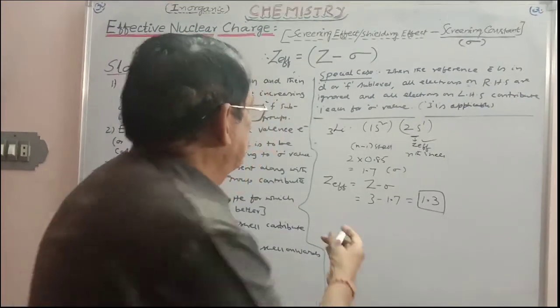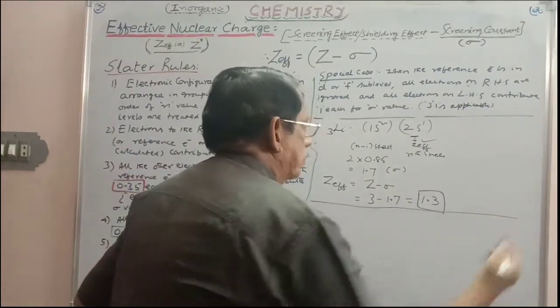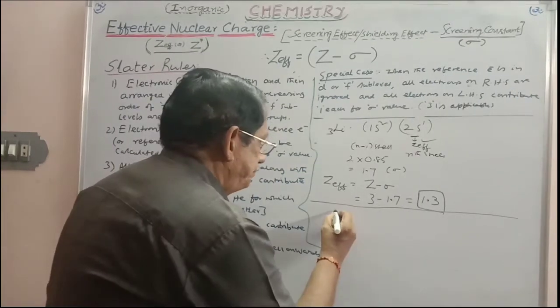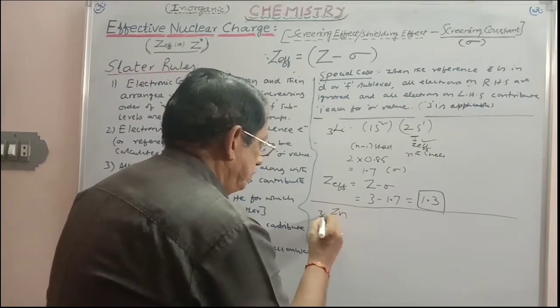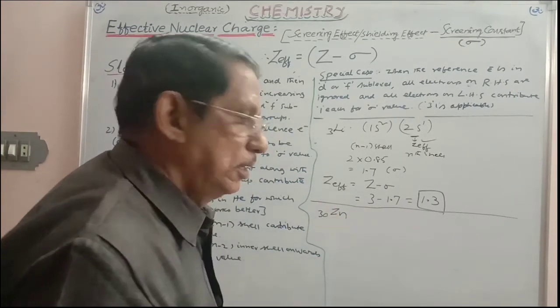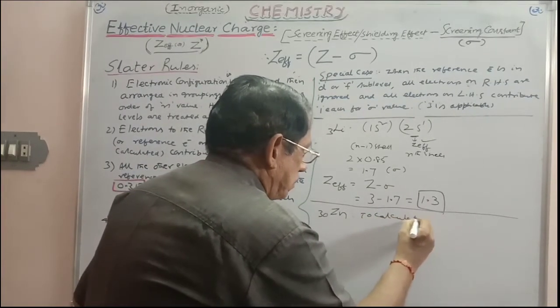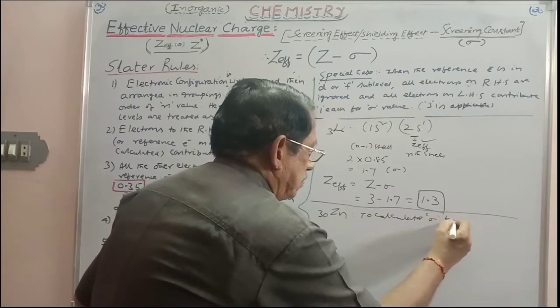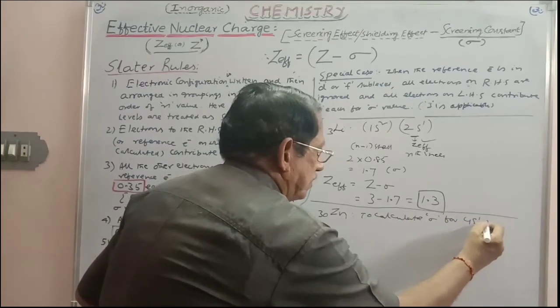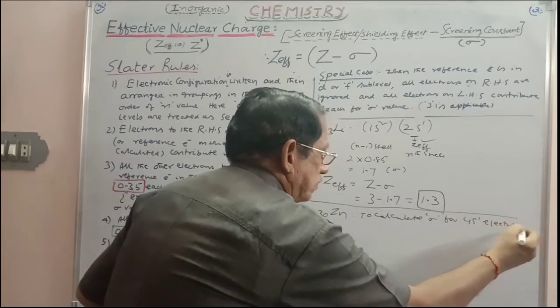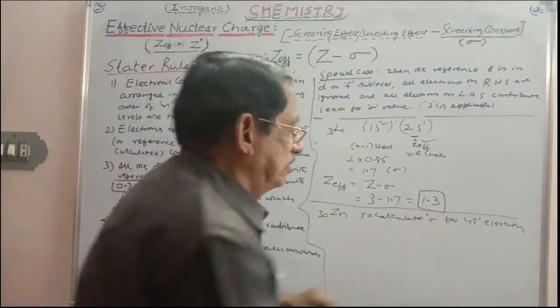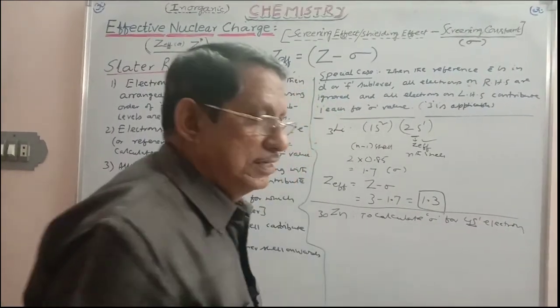Okay, let us take one more. Zinc, 30. You have to calculate sigma for the 4s1 electron. That means the reference electron is from the s sublevel.